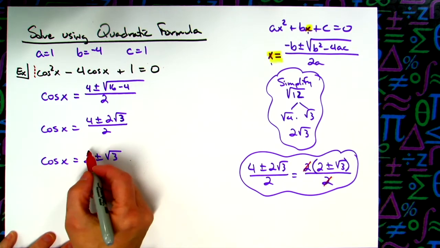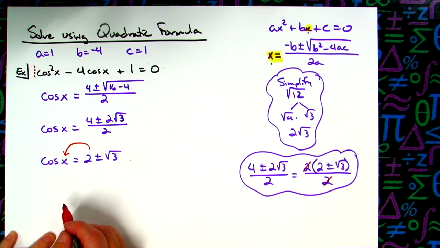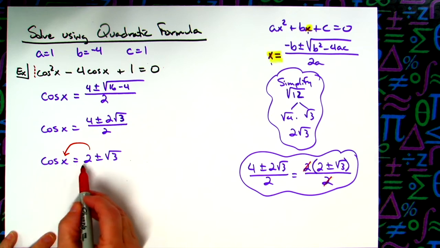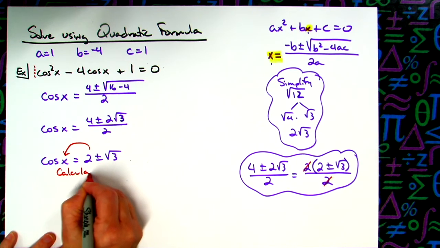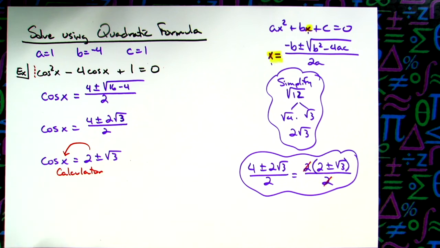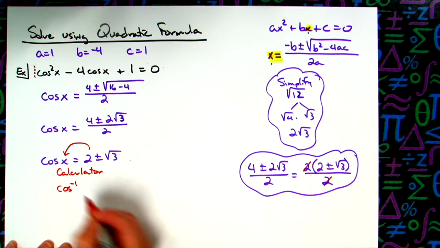Again, I'm trying to go backwards to find the angle that when I take the cosine of that angle, I get this irrational number. So I'm going to write calculator right here. From a few days ago when we did this, we used the inverse cosine button.